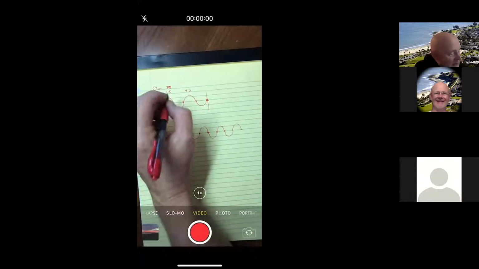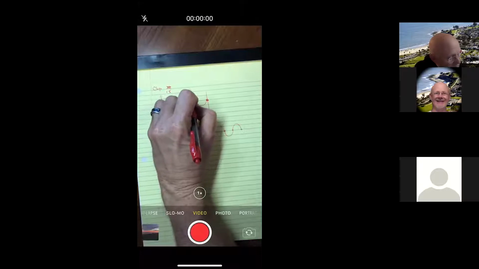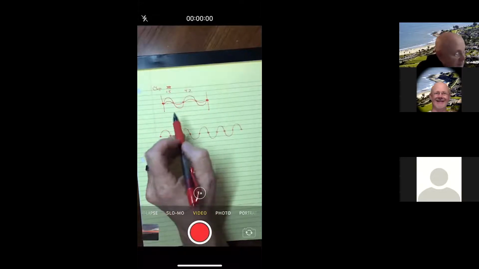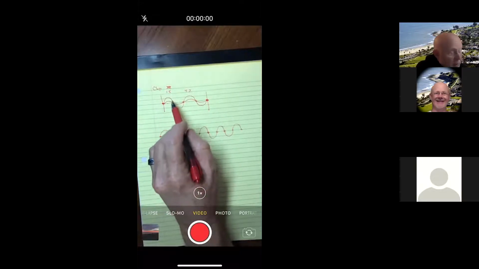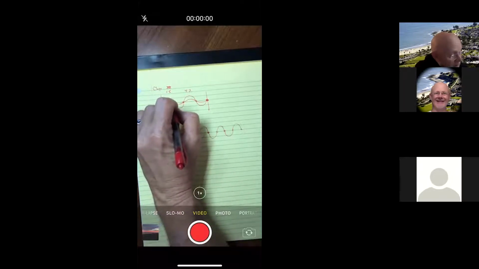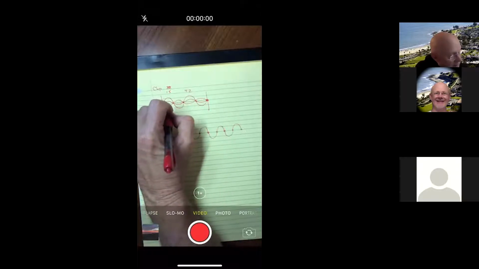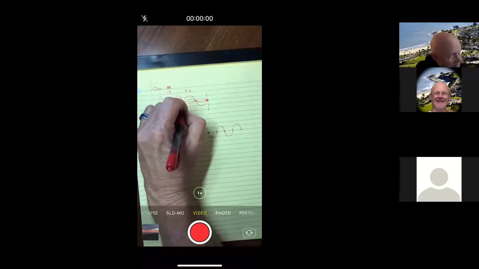Sometimes we then draw a moment later where it looks like this, and hopefully our drawings aren't confusing, because it's not doing both of these at the same time. Then a moment later it maybe looks like this, and then a moment later it looks like this.